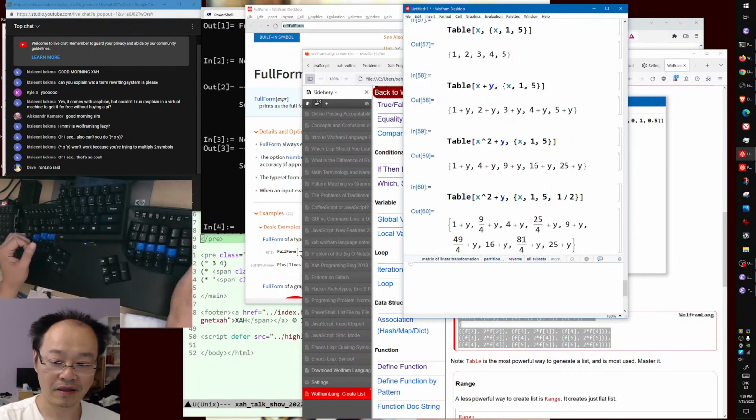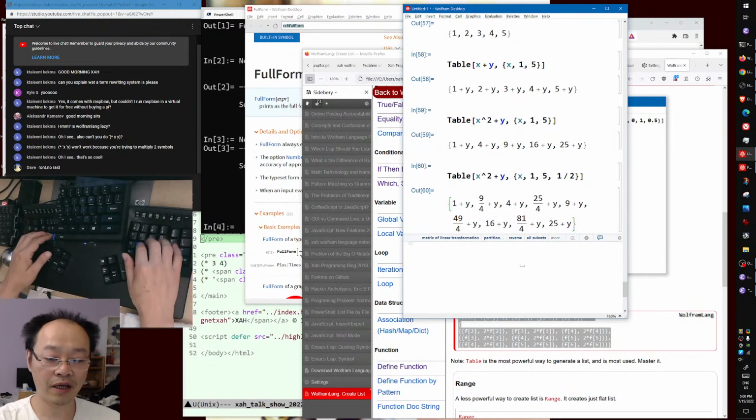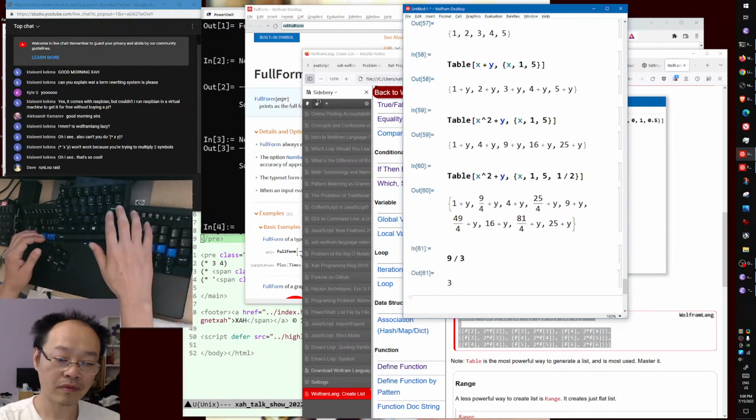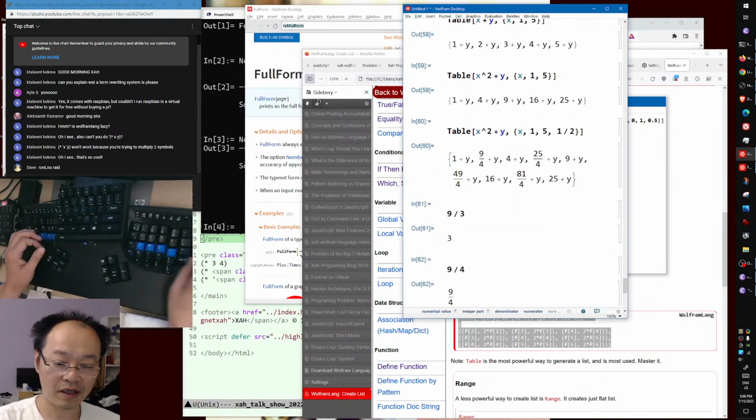Now remember, you see these fractions. These are simplified rationals, so it will automatically simplify. For example, if you have 9/3, it simply becomes 3. But if you have 9/4, it's 9/4.